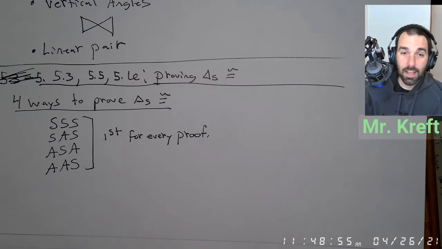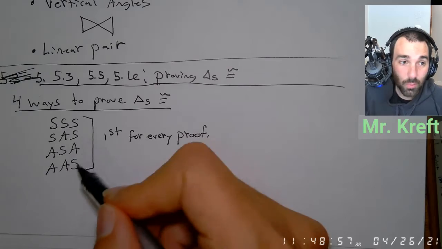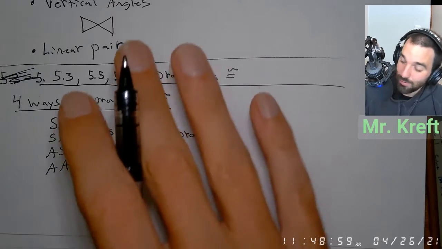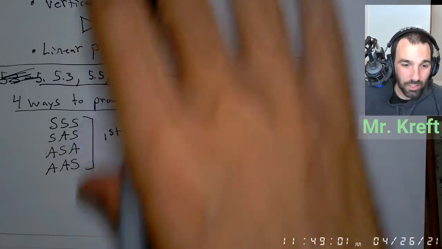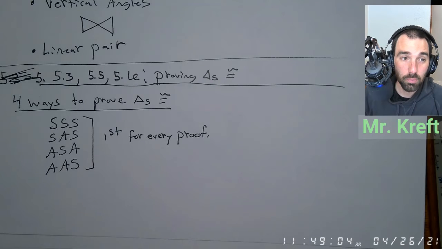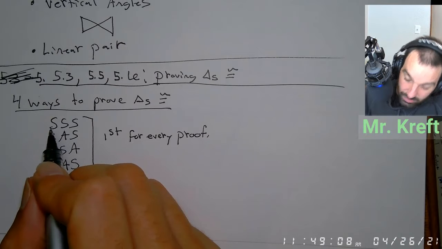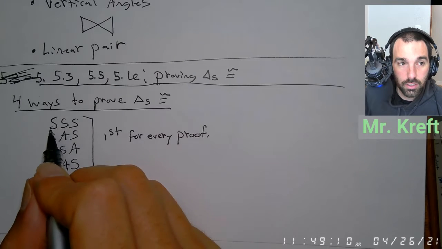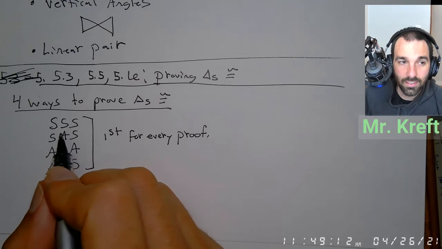Okay. And really, this is all we added, right? And so above this, we have all these different things that we can use to prove triangles congruent. So remember, the way that this works is this is 3 congruent corresponding sides.